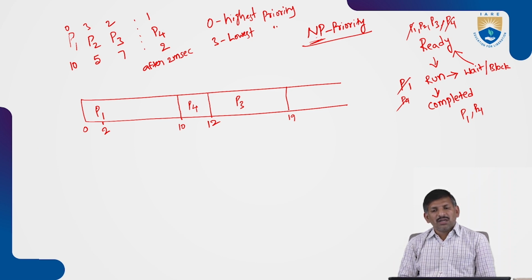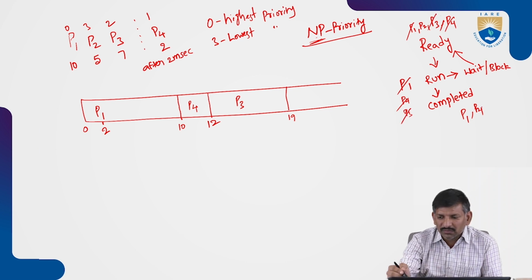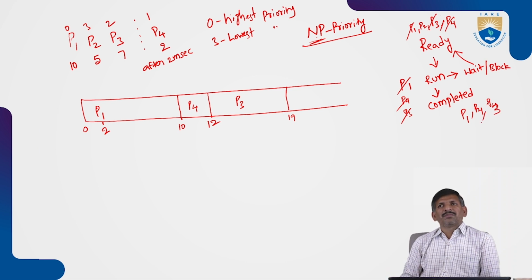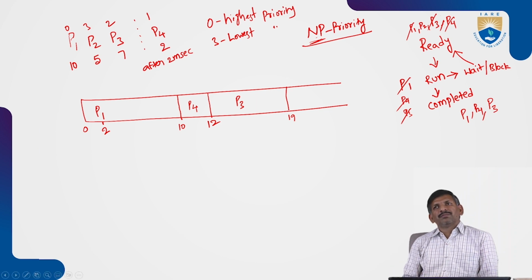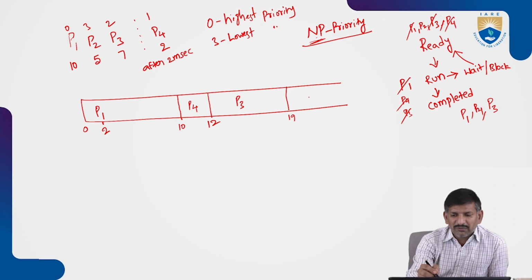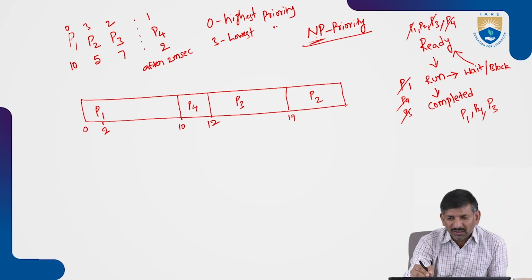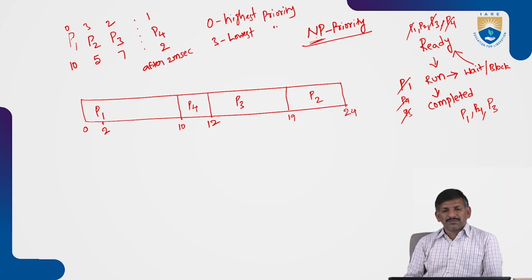Then at the time of the 19th millisecond, P3 is completed and enters the completed state. Now, what are the processes available? P2 is the only one available, so that is scheduled for execution. Its execution time is 5 milliseconds, so that is 19 plus 5, 24 milliseconds.